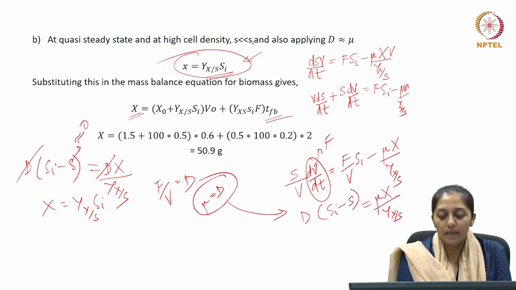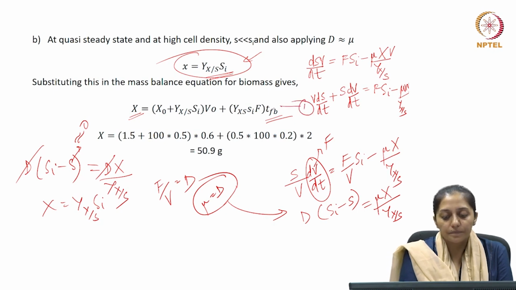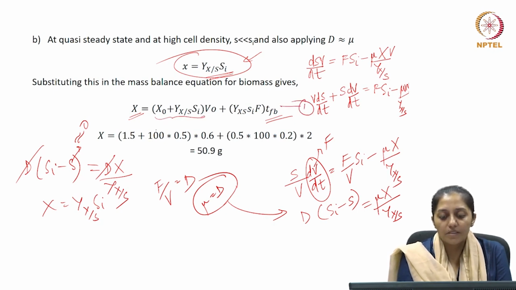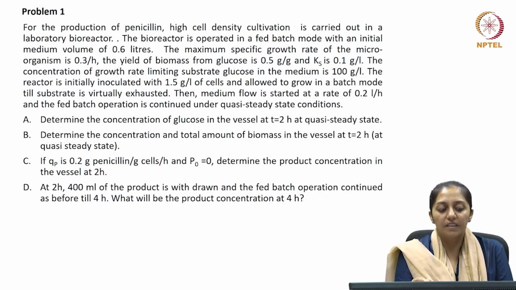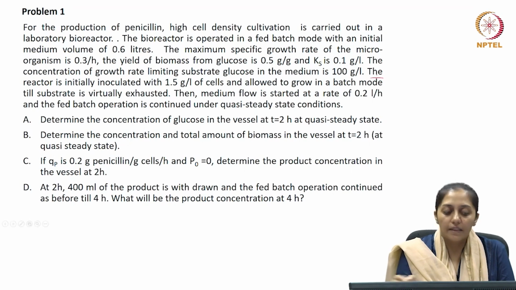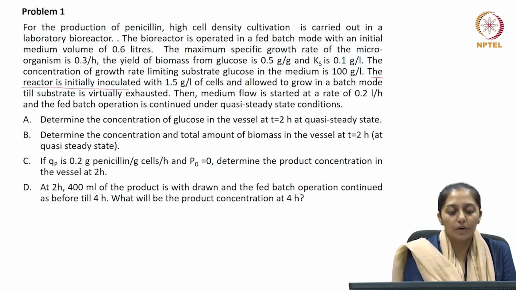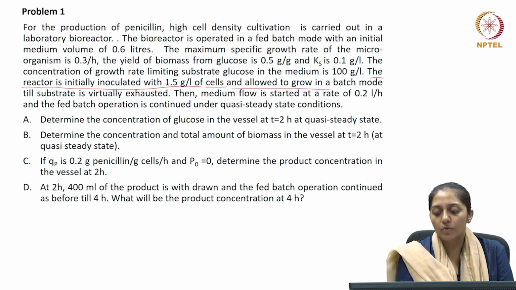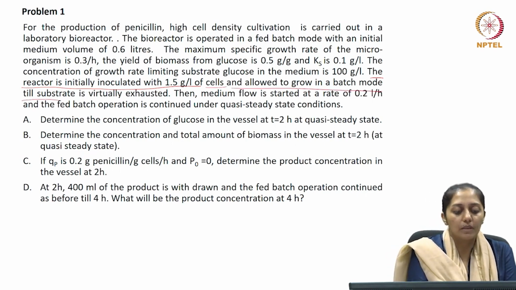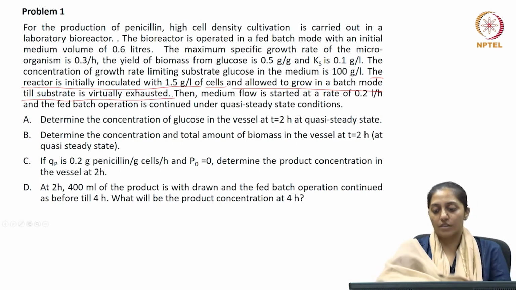So, you can see that in this equation, X naught plus Yx by S into Si is into V naught. If you remember the problem statement, it is given here that the reactor is initially inoculated with 1.5 grams per liter of cells and allowed to grow in batch mode till the substrate is virtually exhausted.